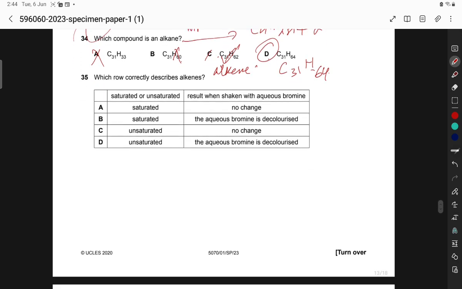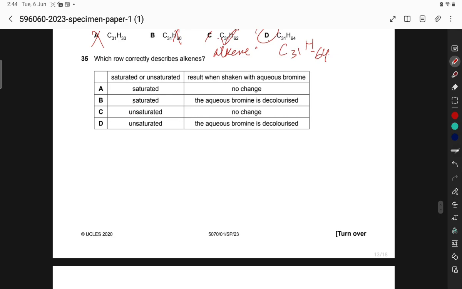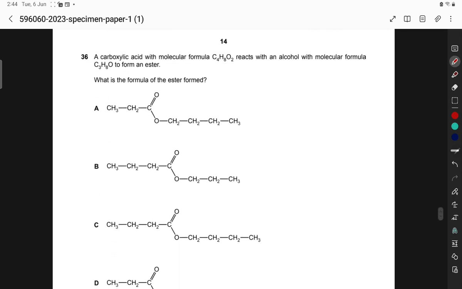Which row correctly describes alkanes? Alkanes are saturated, alkenes are unsaturated, and when shaken with aqueous bromine, the aqueous bromine is decolorized. D option is correct.